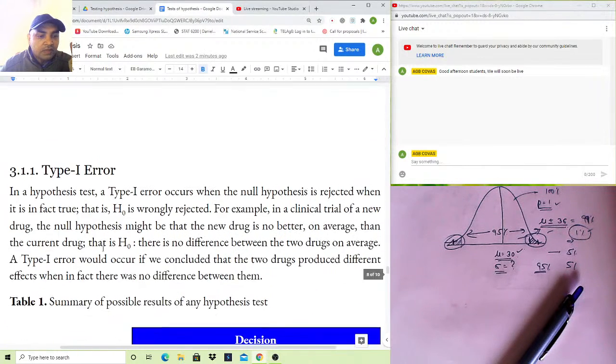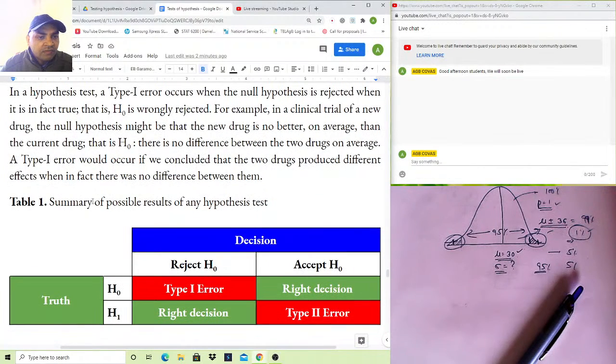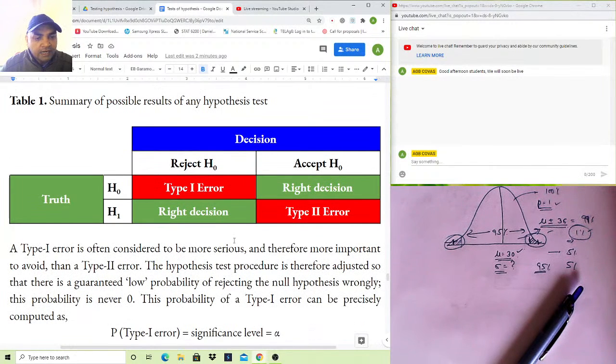So how can this be shown? We have already discussed this, and it is only being described here so that it will be better understood. So this is your null hypothesis, this is your alternative hypothesis, and this is the truth. Say, for example, the null hypothesis is true and you reject it. So it will commit the type 1 error. So your decision is to reject the null.